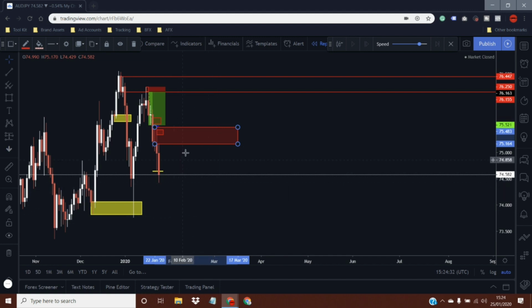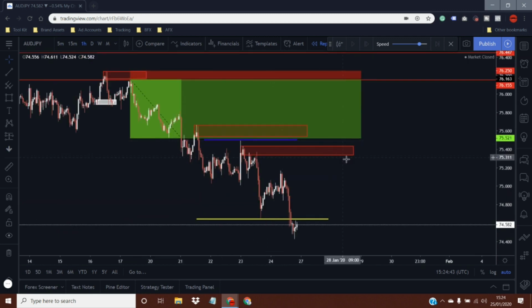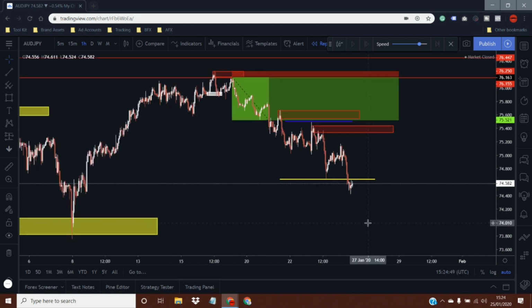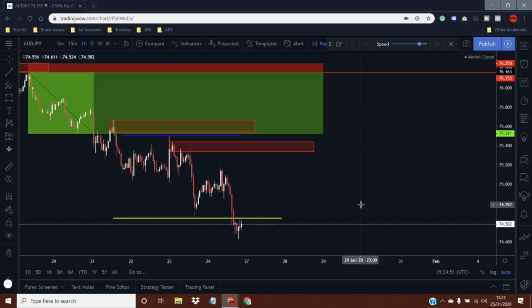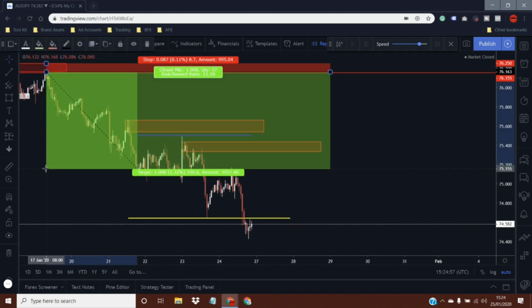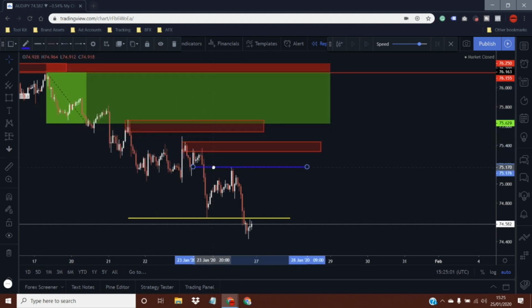But sometimes when the area moves into a wicky zone, there is the potential for the market to just literally spin round and take you out, okay? It could potentially reverse at that point. So what I would do, just to be safe, I would move my stops. Hold on, let's just move that the other way around. Let's move my stops here.